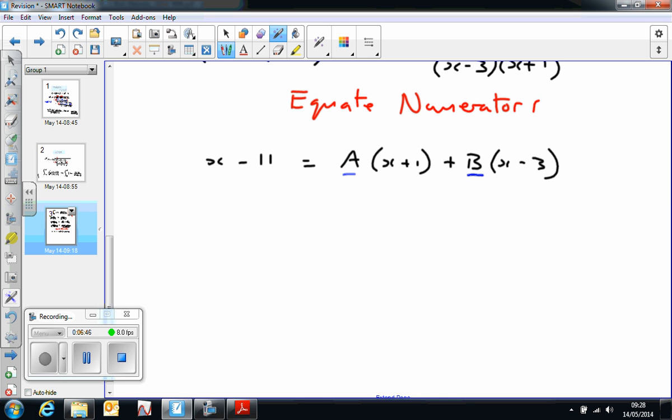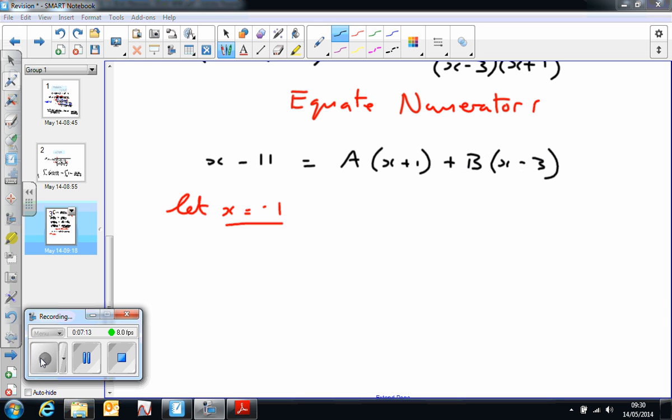If I let x equal minus 1, then that bracket disappears and A disappears and we can find B. And then to find A, what would I do then? Let x equal 3, and so then this bracket disappears, so therefore the B disappears and we can find A. So, find A and B.